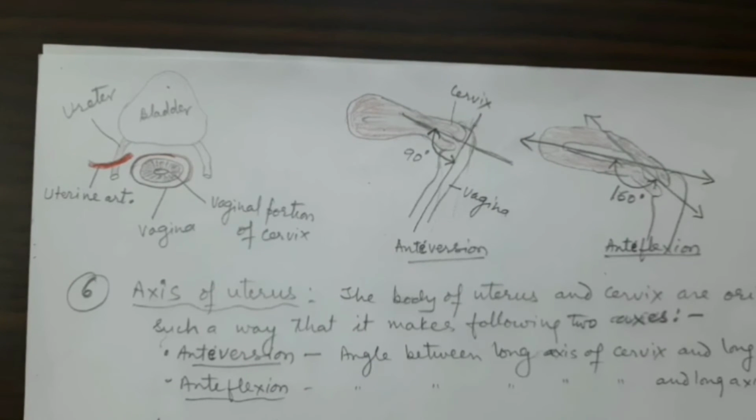Otherwise, normally the anteversion position is there, and as we will learn in the next video, this is an important factor in the stability of the uterus. Otherwise the uterus will start prolapsing or protruding through the vagina, outside. So this provides stability and prevents prolapse of the uterus through the vagina.